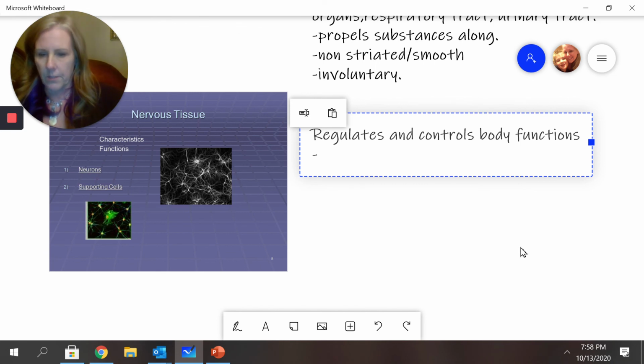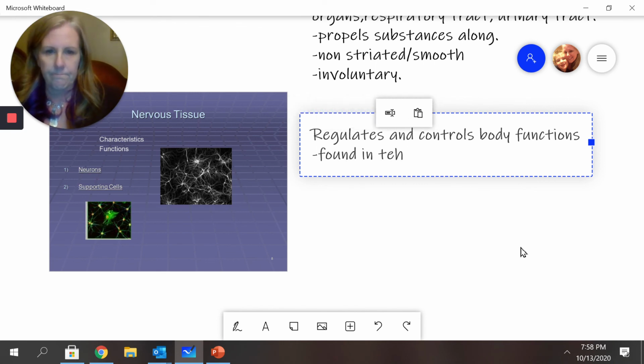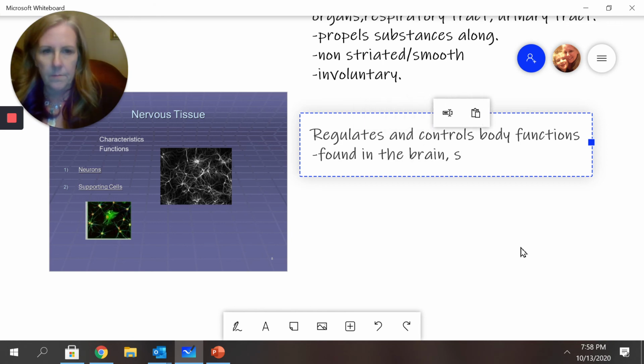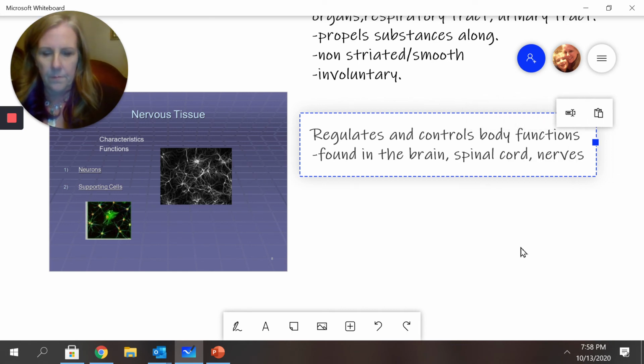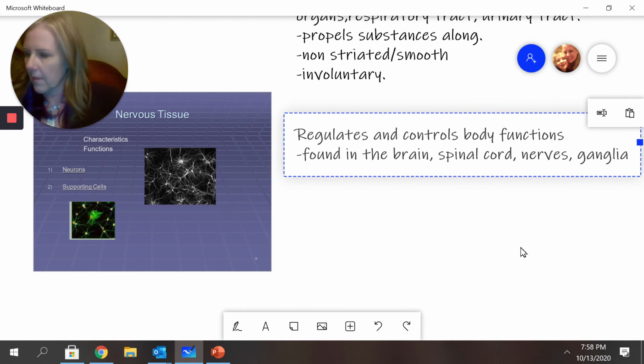So where do we find nervous tissue? It's found in the brain, spinal cord, nerves, ganglia.